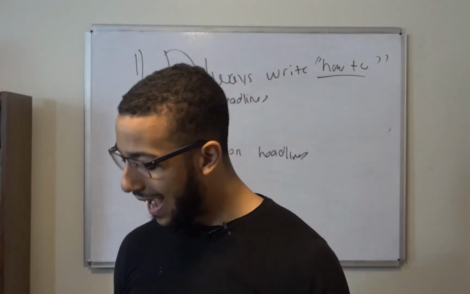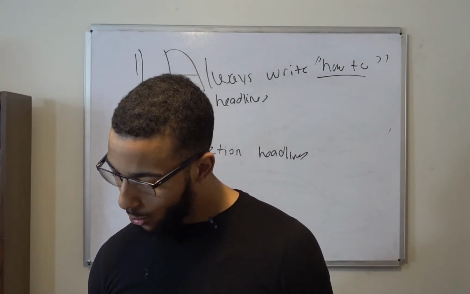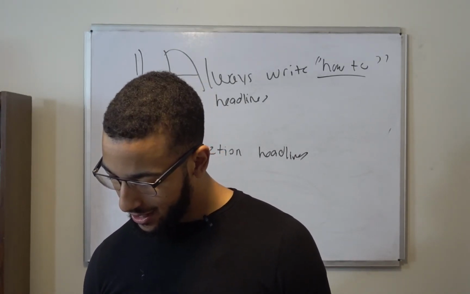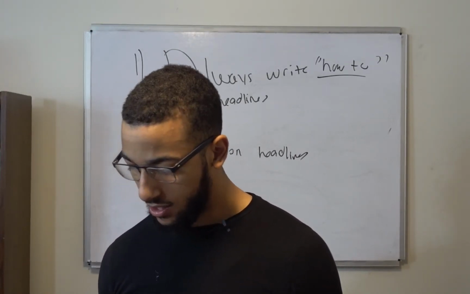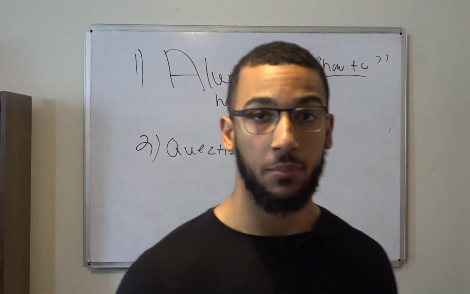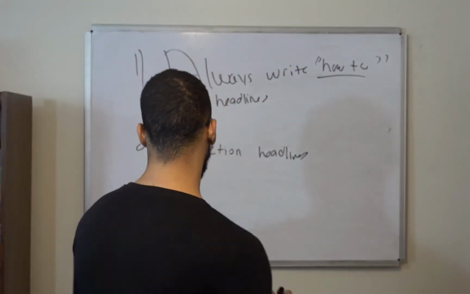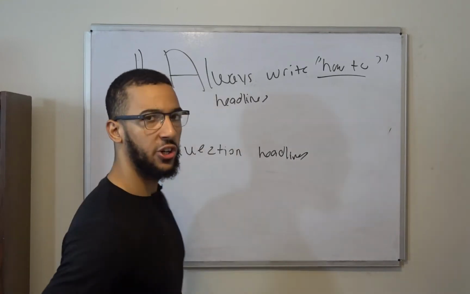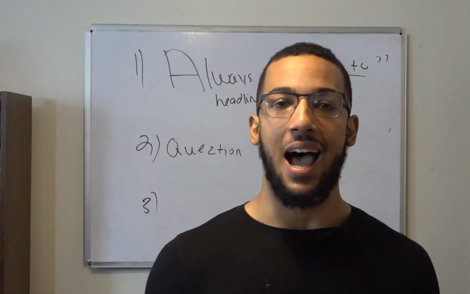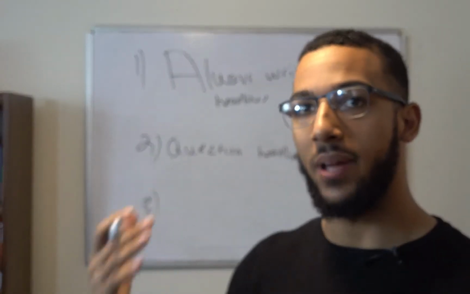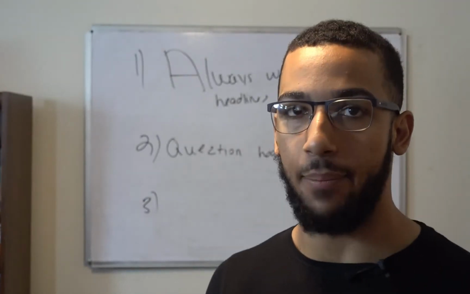My camera's about to die, so let me give you one more tip here, and it is proclamations. This is the third thing I like to do. Based off the research and the data I've already collected, I like to make strong proclamations on things that are about to happen.